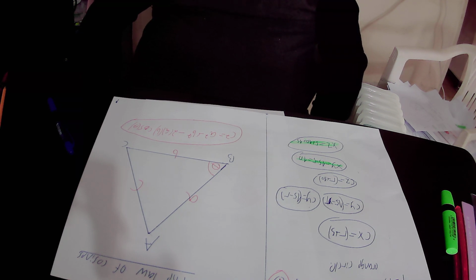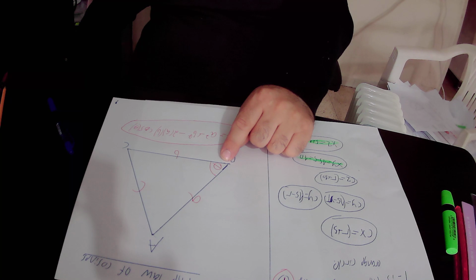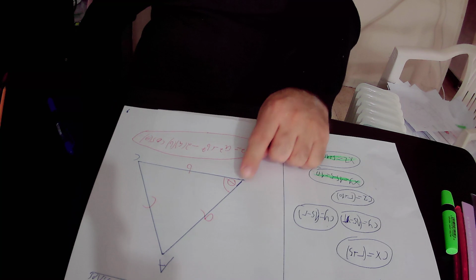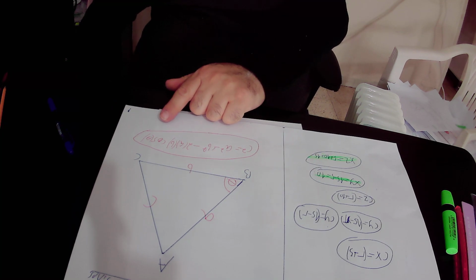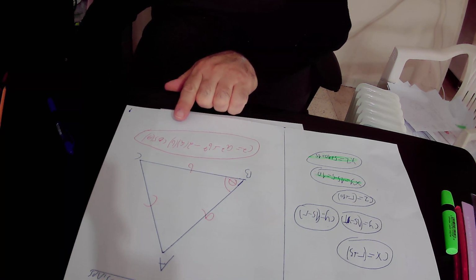The Pythagoras theorem is a special case of the law of cosines when theta is equal to 90 degrees. When angle theta is equal to 90 degrees, then triangle ABC is a right triangle, and we have here the Pythagoras theorem. If theta equals 90 degrees, then cosine 90 degrees equals 0, so 0 times anything is 0.